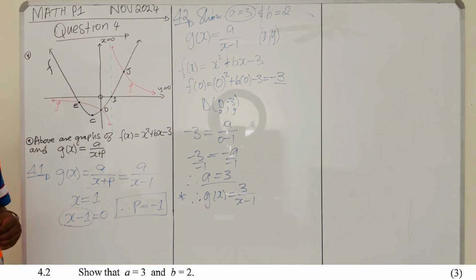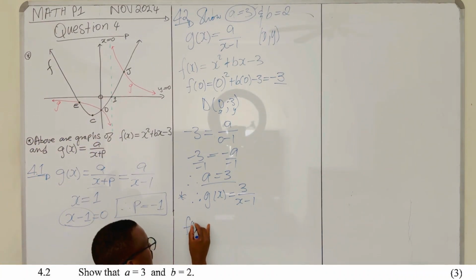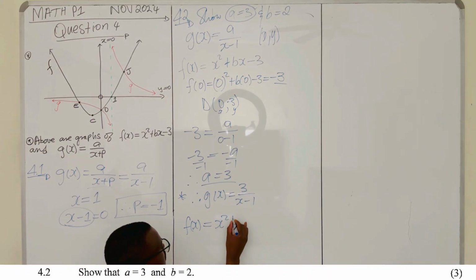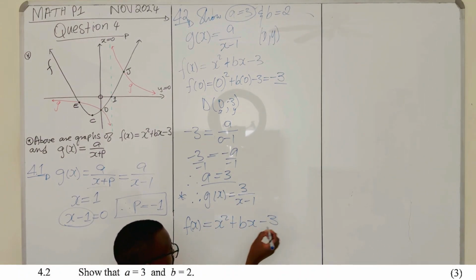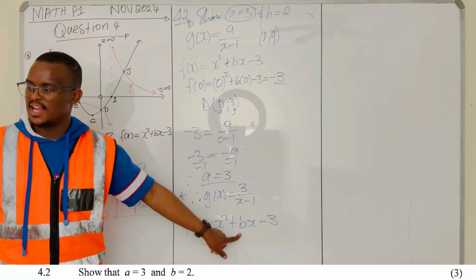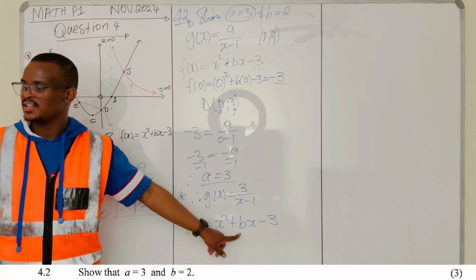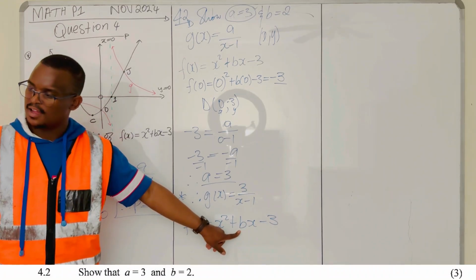Now we need to show that b is equal to 2. It's the same procedure because we are given that f of x is equal to x squared plus bx minus 3. On this equation, you're only missing one coefficient, which is just b. You need 1 point on this function and substitute here.